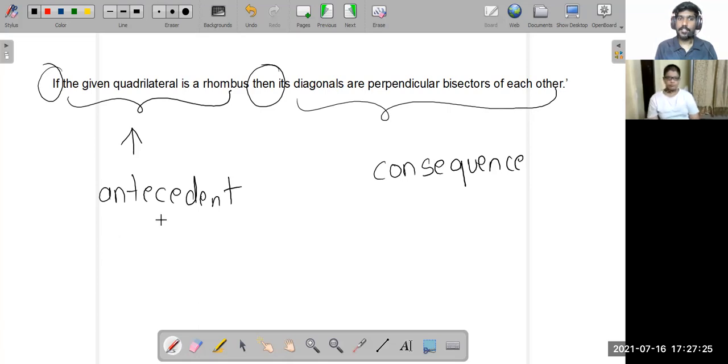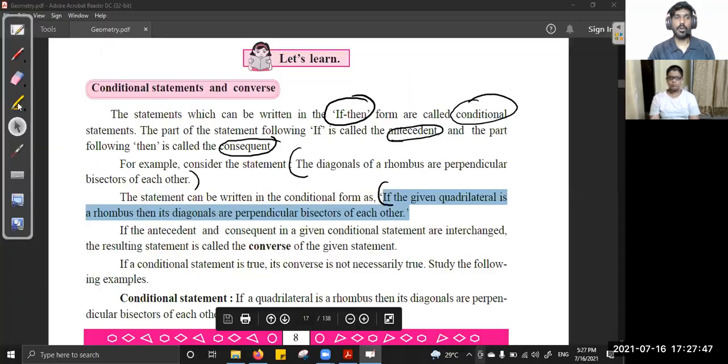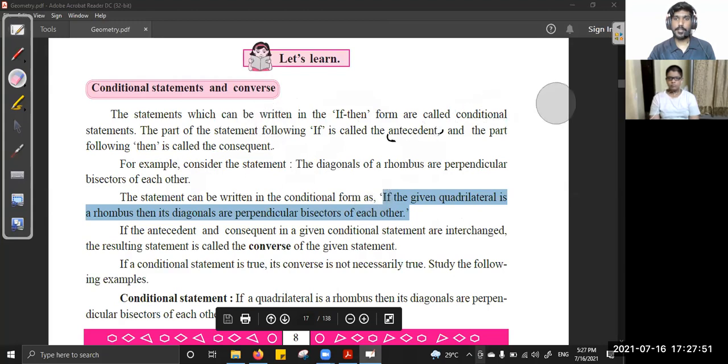So usually the antecedent is called the condition, and the consequence is also called the result. So this was a very good example of an if-then statement.